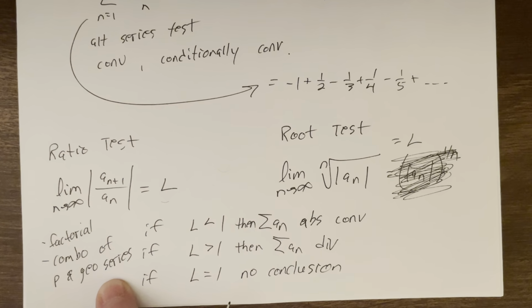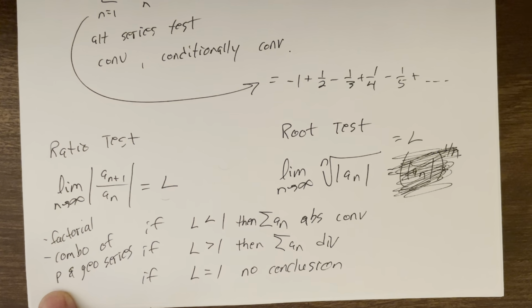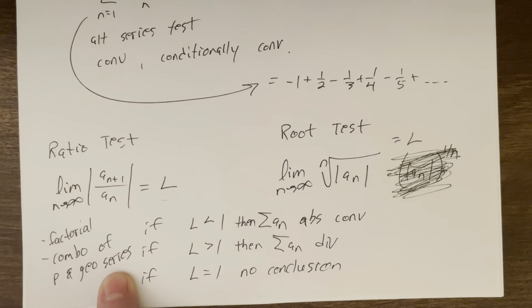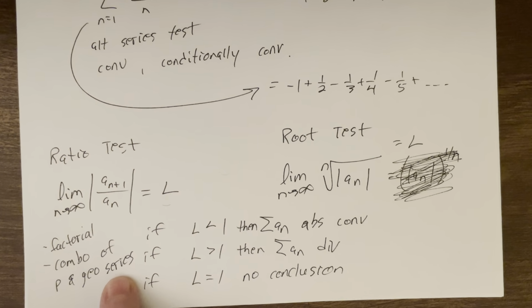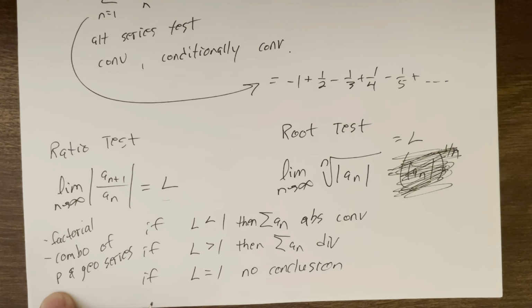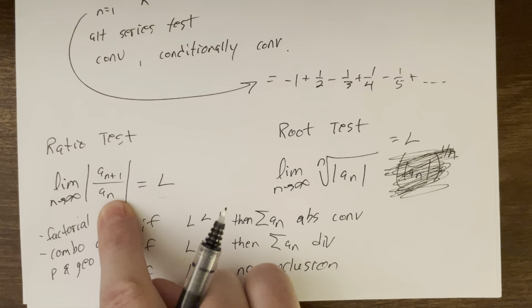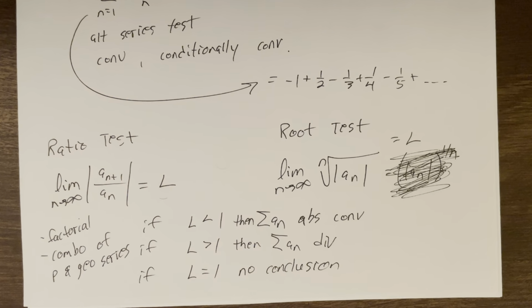We saw if we have something that's almost a P series, comparison tests work well. Almost a geometric series, comparison tests again work well. But when you have combinations of those two, when you have n to a power and n as an exponent, this is going to be another good, helpful test for us.